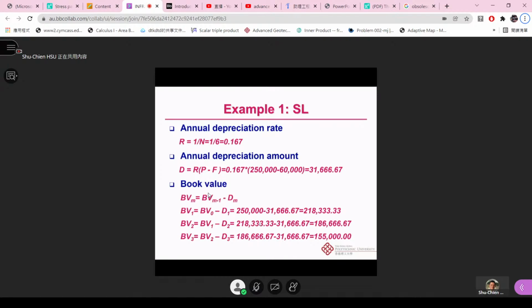We have 218,333.33 minus 31,666.67, so we get 186,666.67. And finally, we get the same for the book value of year 3: 155,000. So we have answered the question: at the end of year 3, the book value is 155,000.